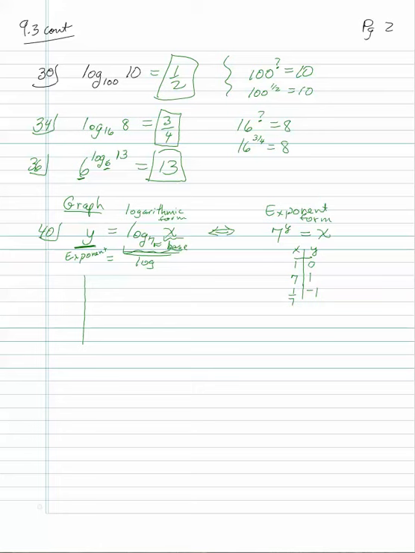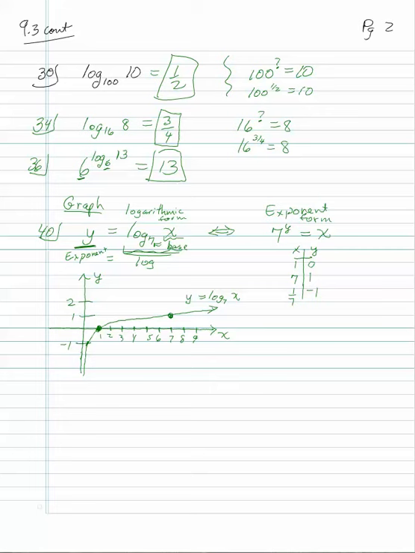So let's see. Okay, so we're going to do 1, 0, 7, 1, 1/7, negative 1. So if you remember, it goes like this. So this is y equals log base 7 of x, which is equivalent to x equals 7 to the y.